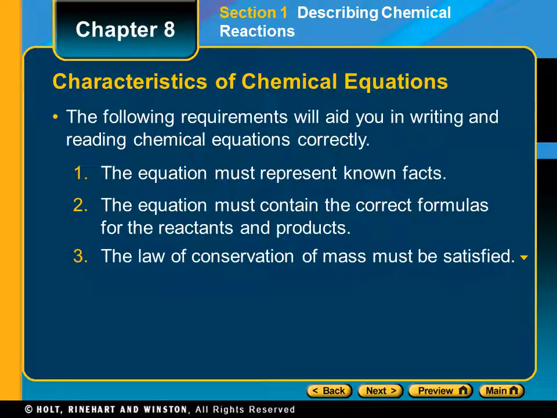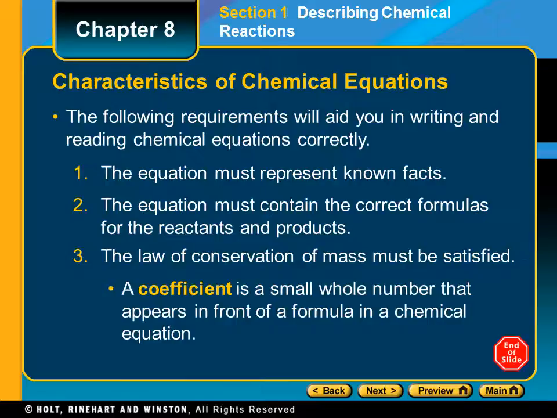The law of conservation of mass must be satisfied. That drives us into the realm of balancing equations. A coefficient, which again you've started to learn, is a small whole number that appears in front of a formula in a chemical equation. That's telling you how many molecules of that thing are present.